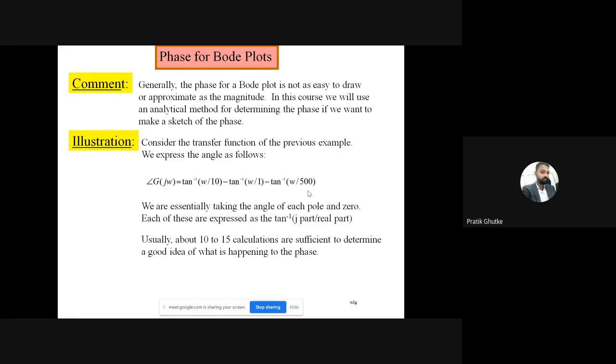Before 500 I can take 100, 200, 300, 400, then 500, and after 500 also some samples, that is 600 and 700. That's it, 10 samples by varying ω to get a good Bode plot of the phase response. While solving exactly, we can understand how the Bode plot is drawn.